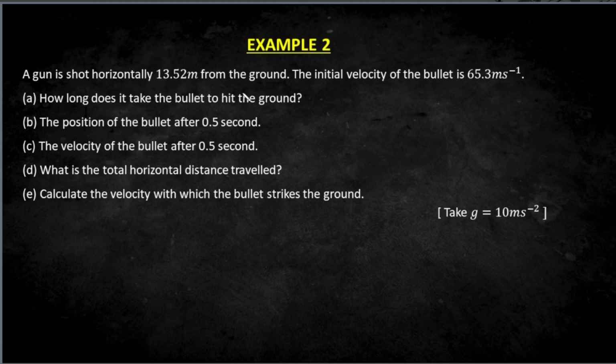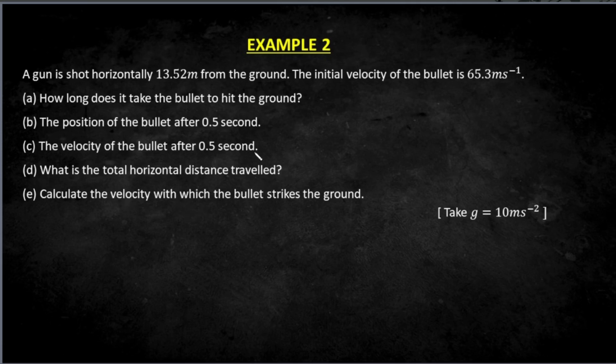So this is the height. The initial velocity of the bullet is this. How long does it take the bullet to hit the ground? The position of the bullet after 0.5 seconds. Then again, we have the velocity of the bullet after half a second. Then what is the total horizontal distance traveled? Calculate the velocity too.